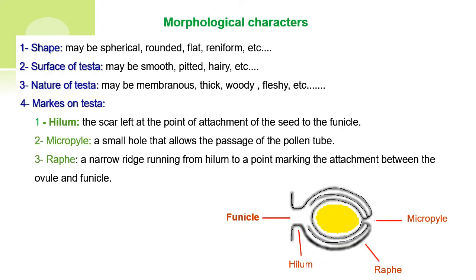From the morphological point of view, we will notice that the seed has a shape. The shape may be spherical, rounded, kidney-shaped, or renal, or reniform, maybe flattened, maybe disc shaped. Different shapes of the seed exist in different plants. The outer seed coat or the surface of the seed may be smooth, may be pitted, may have a reticulated structure, and may be hairy.